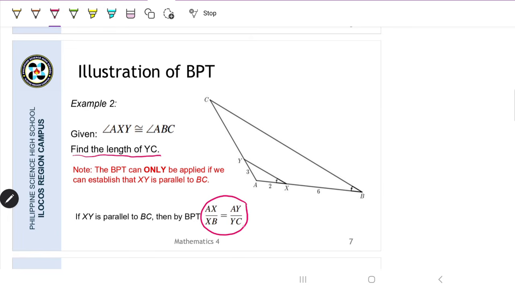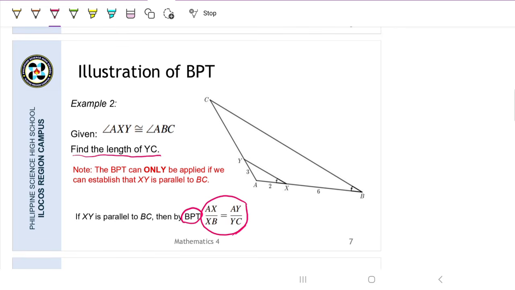But before we can use this equation, we need to determine if we can use the BPT, or the basic proportionality theorem. The condition in order to apply this theorem is that we need to determine the line that is perpendicular to the third side.